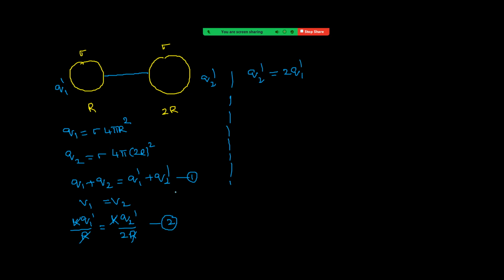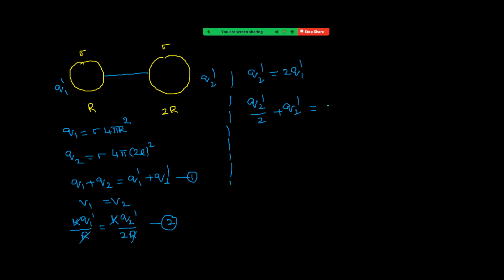So in the place of Q1 dash in equation 1, I write Q2 dash by 2, plus Q2 dash is equal to the total charge. See how much: 4, 4, 16; 16 plus 4, 20.